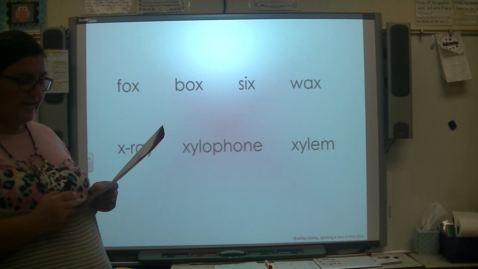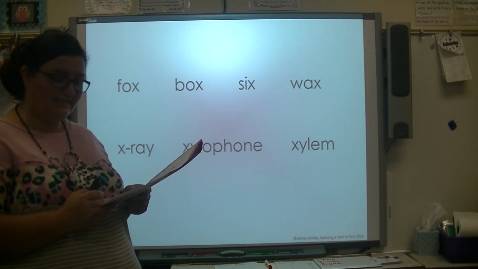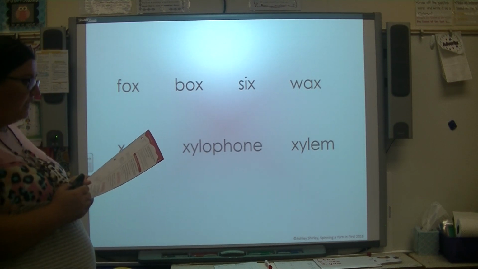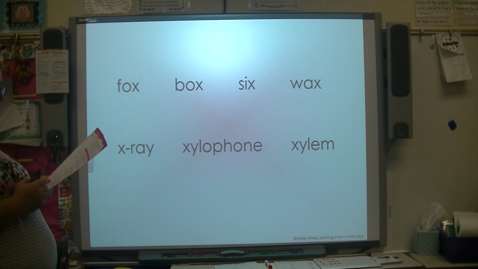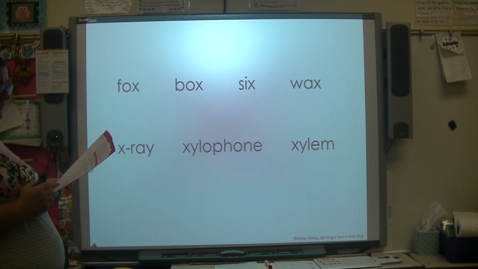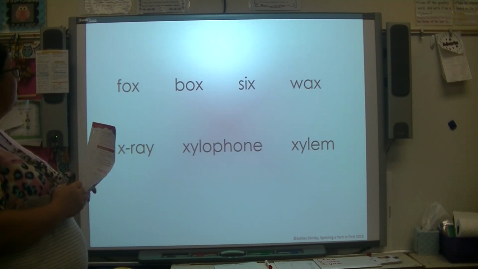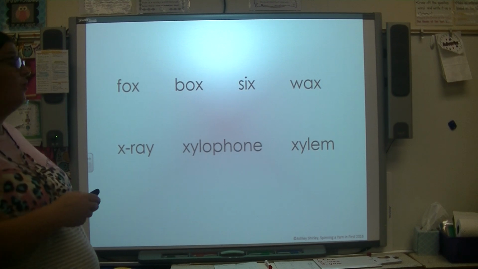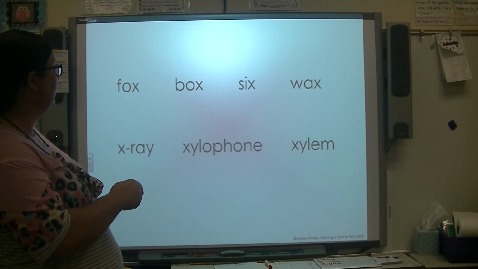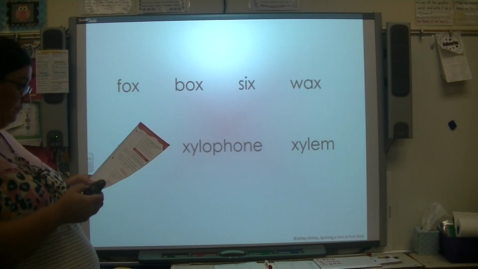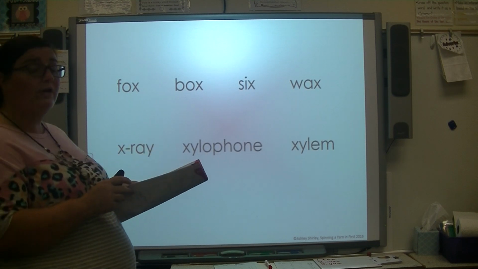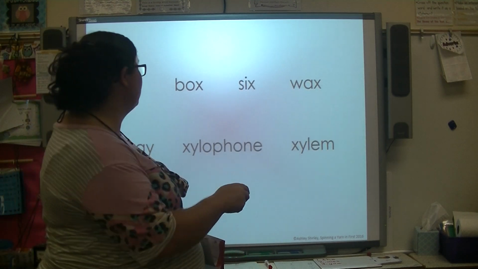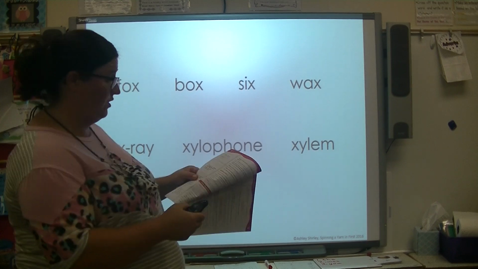Or it can say its letter name sound, like in X-ray. Most of the time, X will give its normal x sound if it's in the middle of the word or at the end of the word, like in these words. So most of the time when we see it, it's going to be in the final position, at the end of the words.